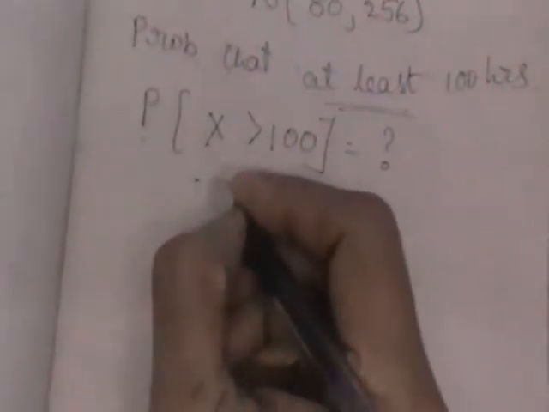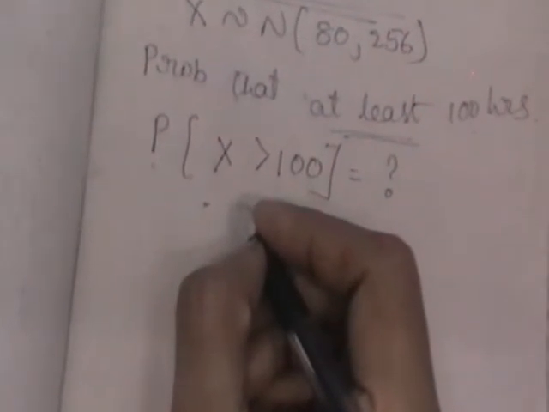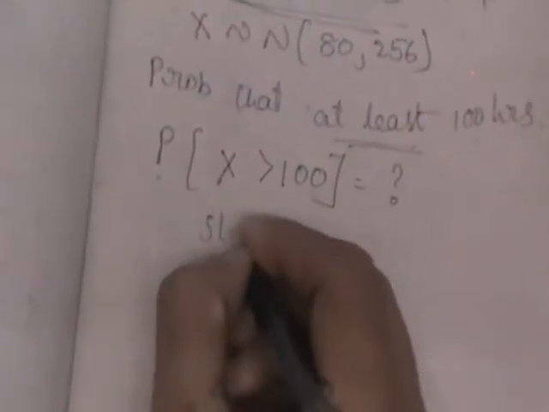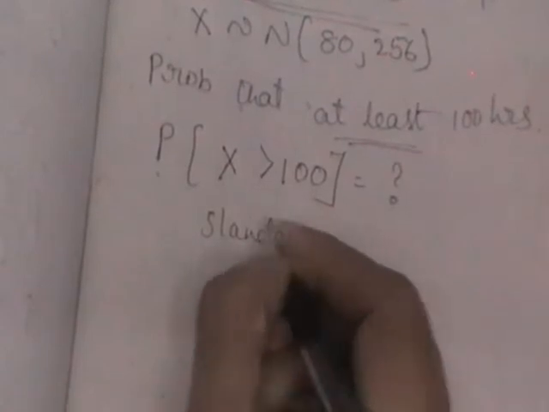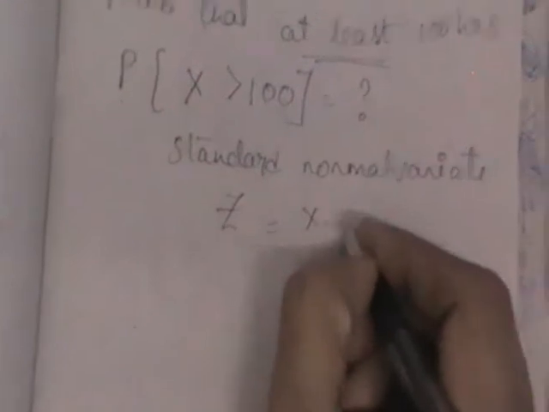So I said to you that to do the problems on normal distribution, we are going to make use of standard normal variate. So what is standard normal variate? For every normal variable you can define a standard normal variate, which is indicated with Z, defined as (X minus mu) by sigma.